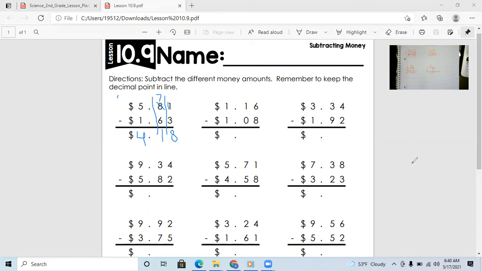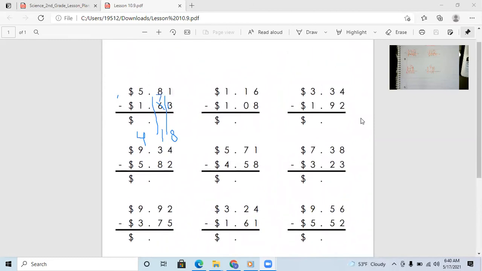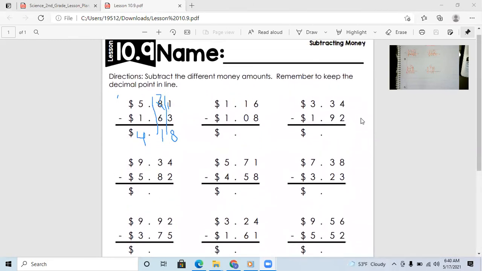Now I am going to do one more problem. Give me 1 second. All right, I am going to do this problem right over here in the middle. It's $5.71 subtracted by $4.58. So the first thing I'm going to do is draw my columns so I don't get confused on what I am subtracting.